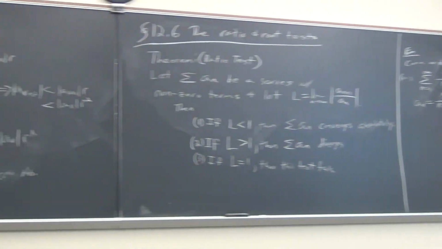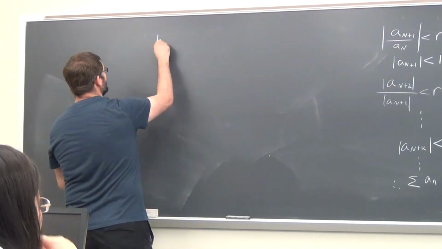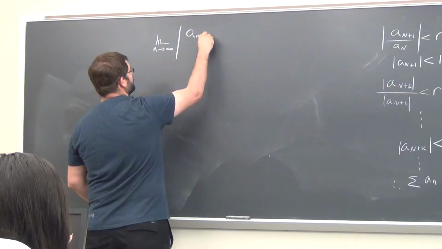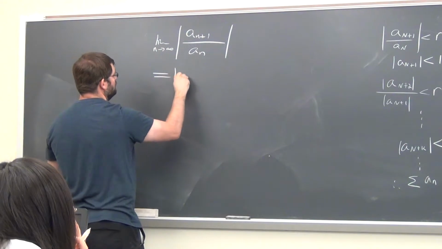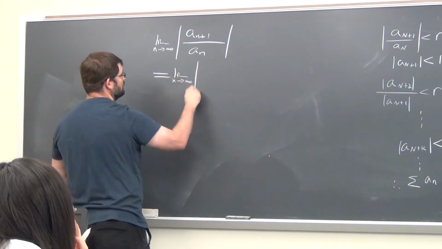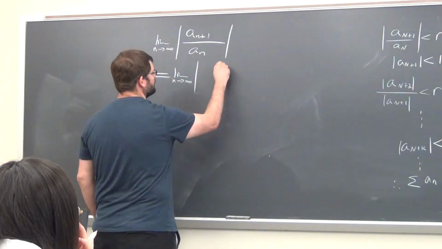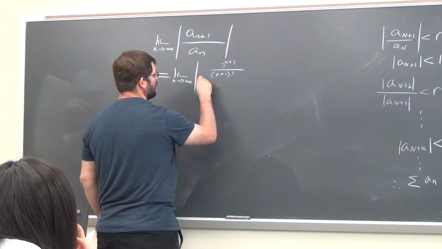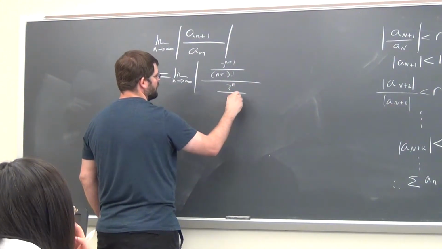I'll move over here. So now you just do the limit as n goes to infinity, and I'll just write this out. So it's 3 to the n plus 1 over n plus 1 factorial divided by 3 to the n over n factorial.